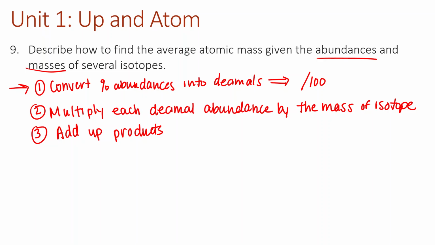So if you had 3 isotopes, you're not going to add up those masses and divide by 3. That makes the assumption that all of those isotopes are equally abundant, when in fact it might be that isotope A is 80% abundant and B and C are 10% abundant each. So that would mean that the average should be closer to isotope A than it is to isotope B and C.